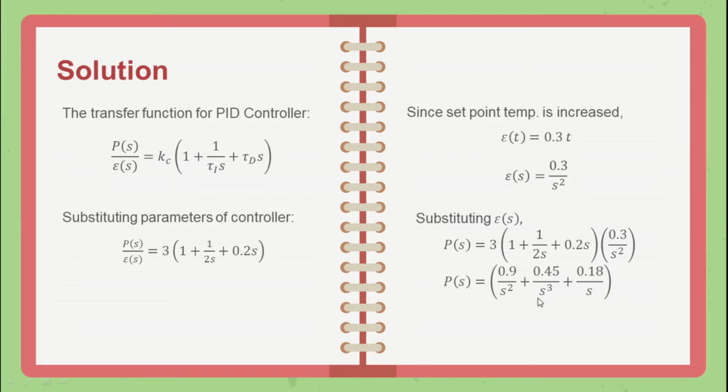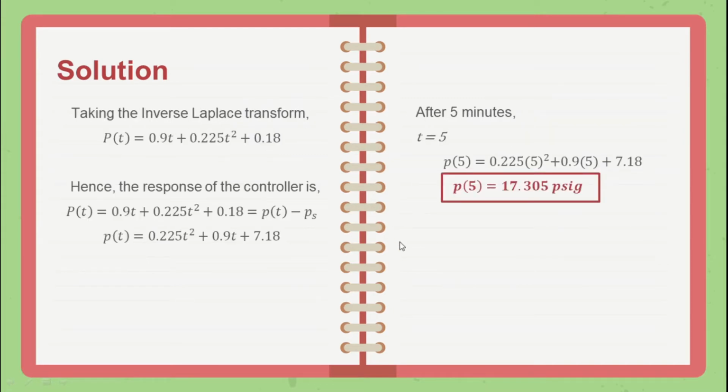For further simplification, we have P of s equals 0.9 over s squared plus 0.45 over s cubed plus 0.18 over s. Hence, the response of the controller is P of t equals 0.9t plus 0.225t squared plus 0.18, which is P of t minus ps, the deviation variable.